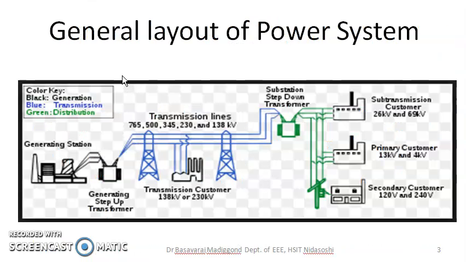So let us first discuss the general layout of power system. In earlier days, there was very little demand for electrical energy. Therefore, very small power stations were built to supply just lighting and heating loads.